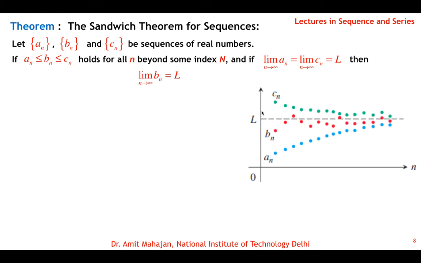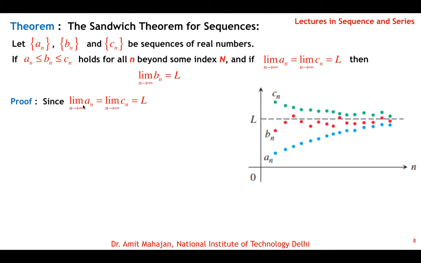So the scenario looks like this. It doesn't matter what happens initially, but after some point, if the a_n's are less than the b_n's and the b_n's are less than the c_n's, and if these a_n's and c_n's are converging to L, then the b_n's will also converge to L. We'll prove this mathematically.